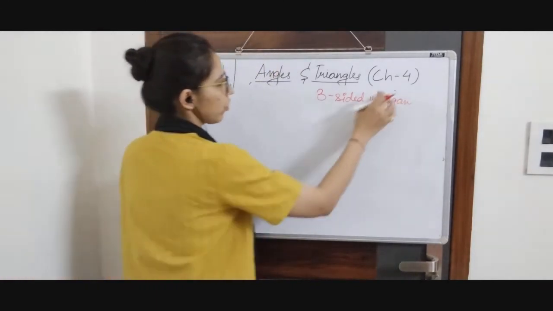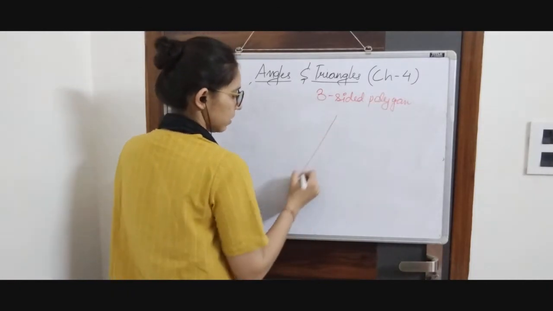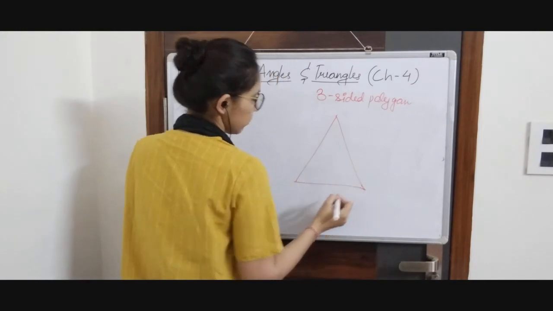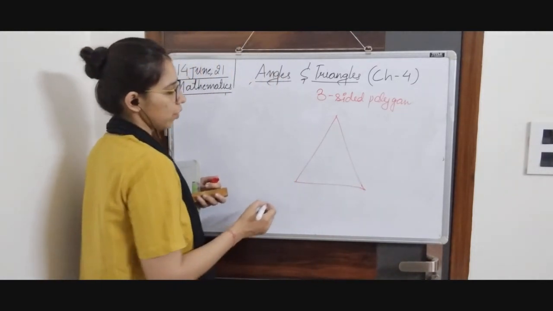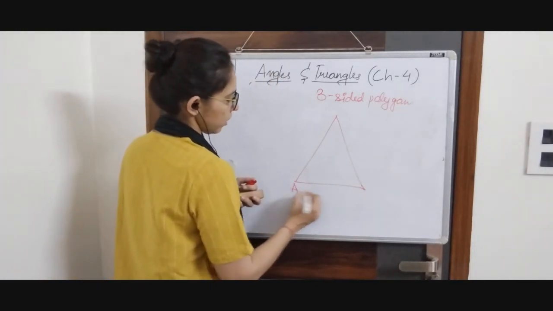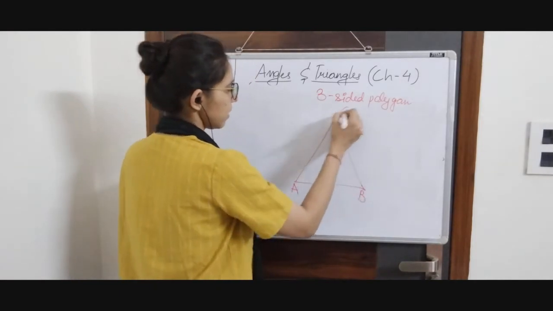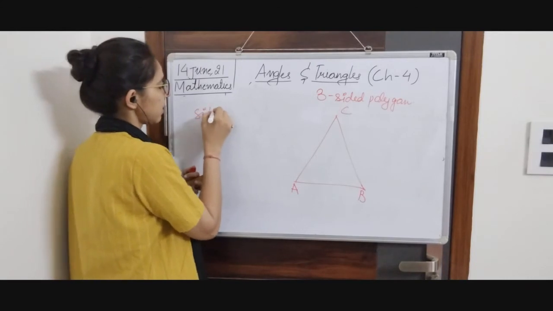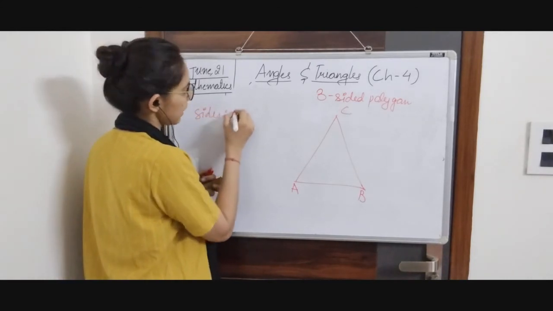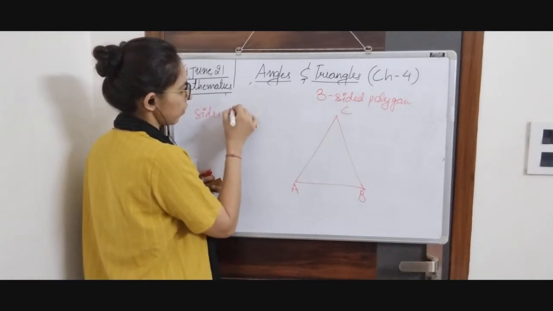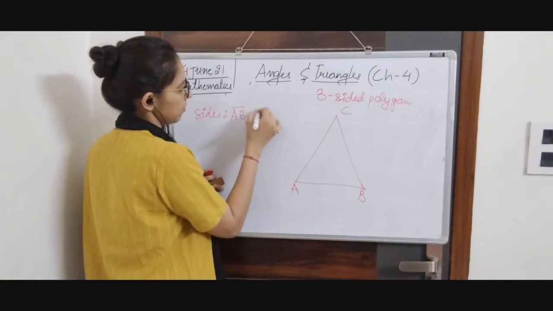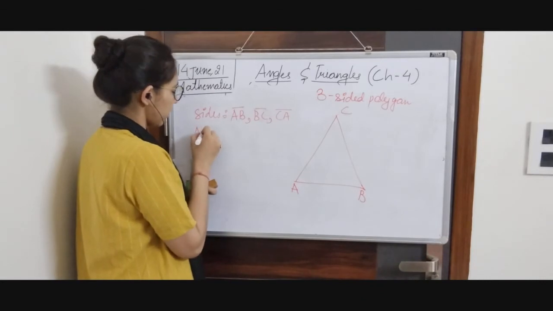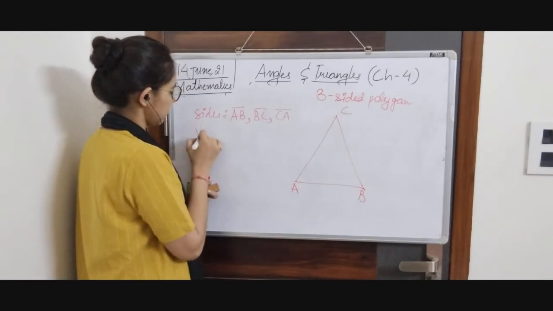Now we are going to draw a triangle. This is a triangle, a simple closed figure made up entirely of line segments. Here it has sides, and the sides are line segments. It is made up of AB, BC and CA. Then we have vertices.